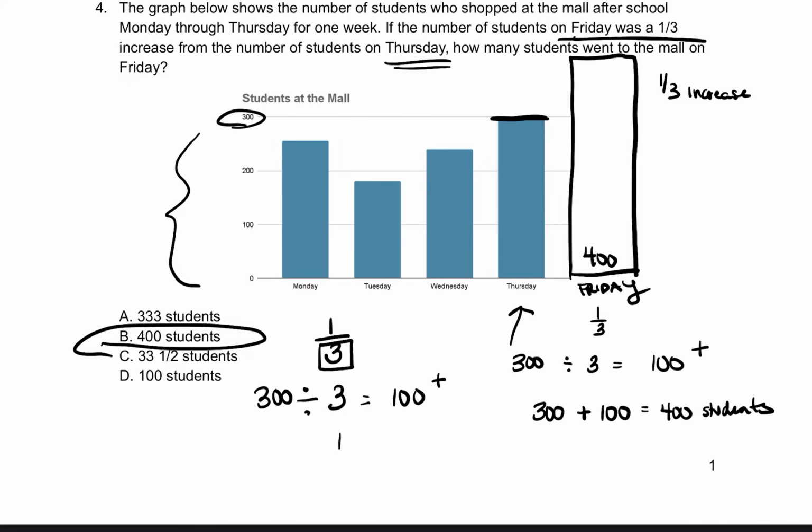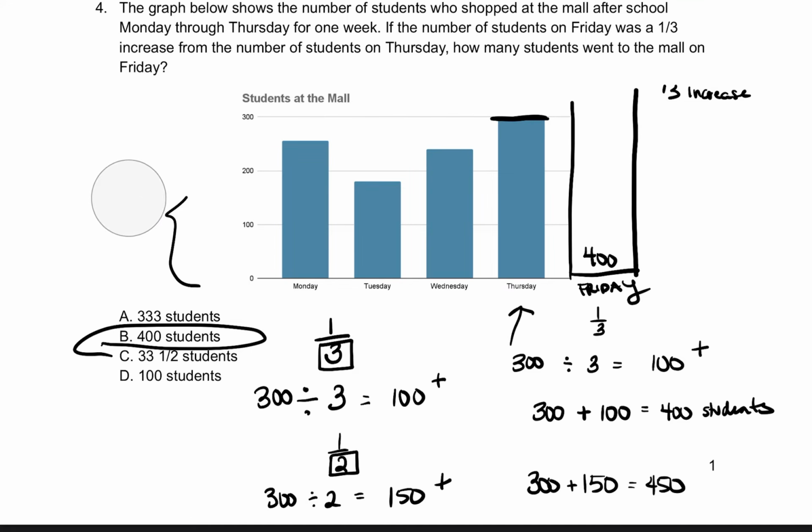The denominator is 2, so I would take 300 divided by 2, which equals 150. It would be a 150 increase, meaning I would take the original amount of students and add 150 students to it. Now, what happens if it was a decrease?